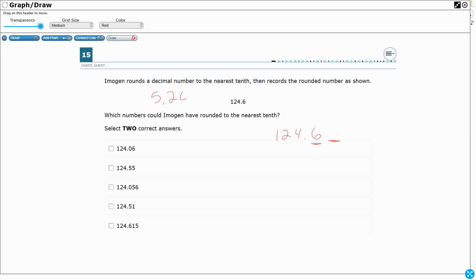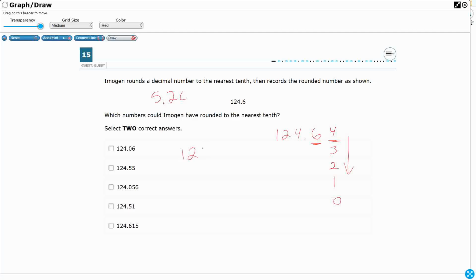Now, what could work in the hundredths place? Well, if this is a 4, a 3, a 2, a 1, or a 0, then that's going to round down to 124.6. We're good. But what if I also did this?